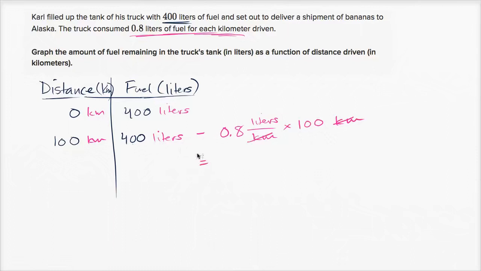Well, that's just going to be equal to 400 liters, which is how much he started with, minus 0.8 of 100, which is 80, and the unit left is 80 liters. So 400 liters minus 80 liters, that's going to be 320 liters. So when he has traveled 100 kilometers, he will have 320 liters left in his tank.